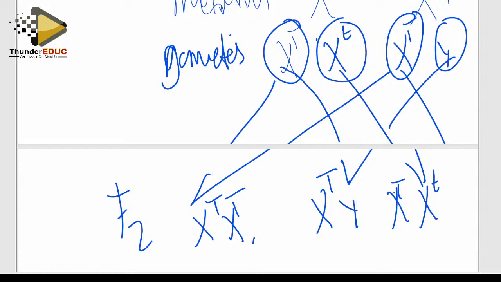Then now this with that, which is X capital T, Y.